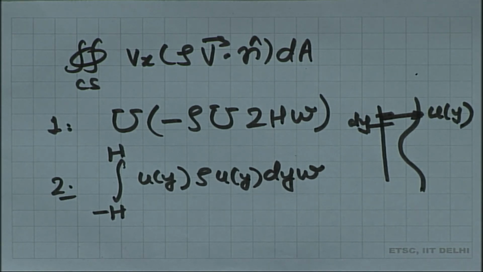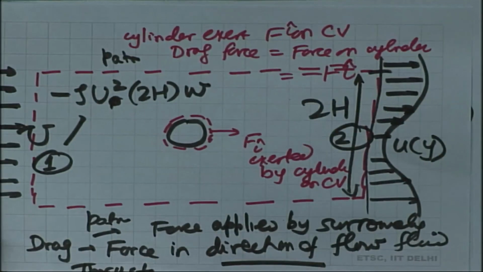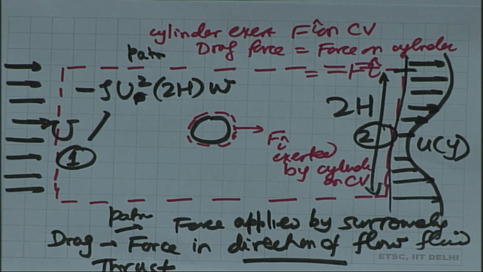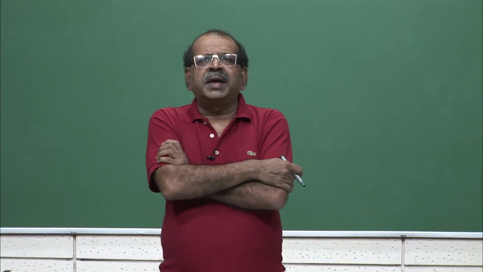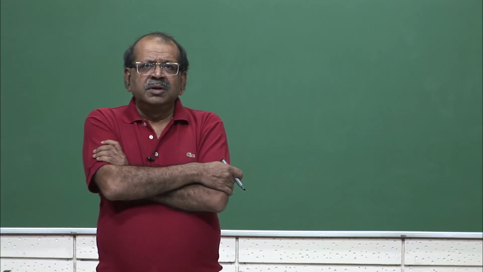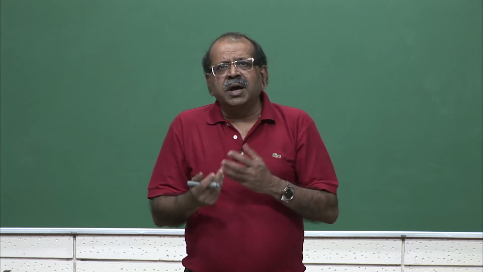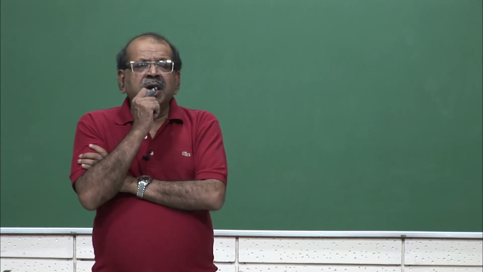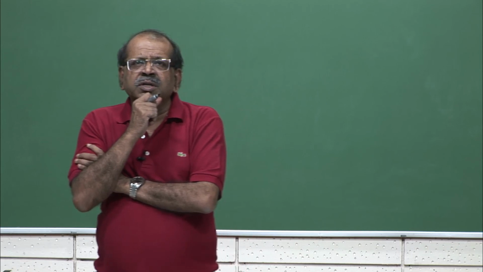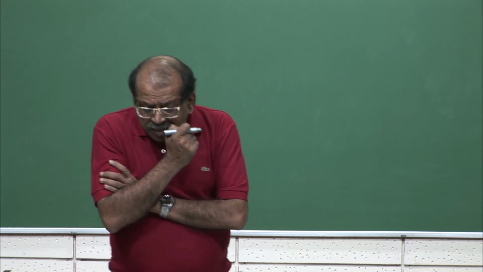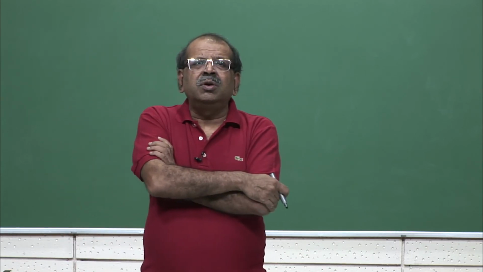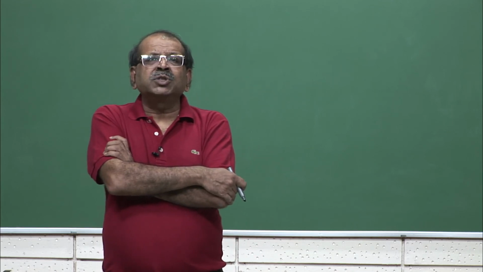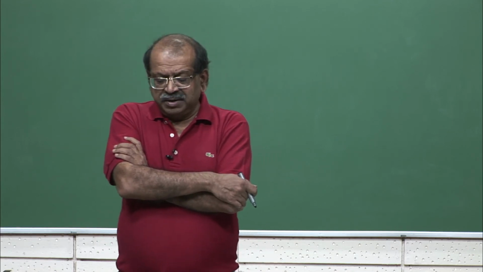Will this give us the right answer? Well, I am asking this, so possibly the correct answer will not come just from this. What would I have missed? Is there something I am missing? And remember, what I have told you is that you have to always ensure that mass balance is satisfied.